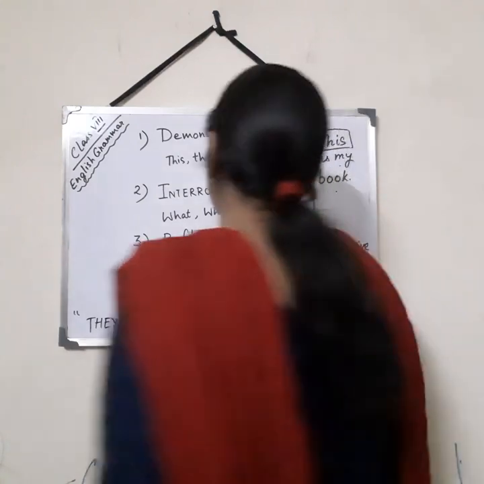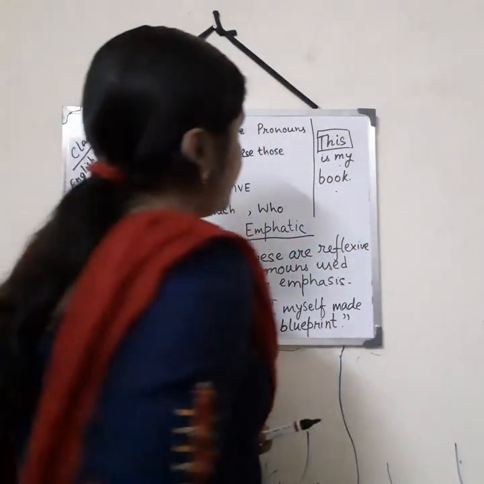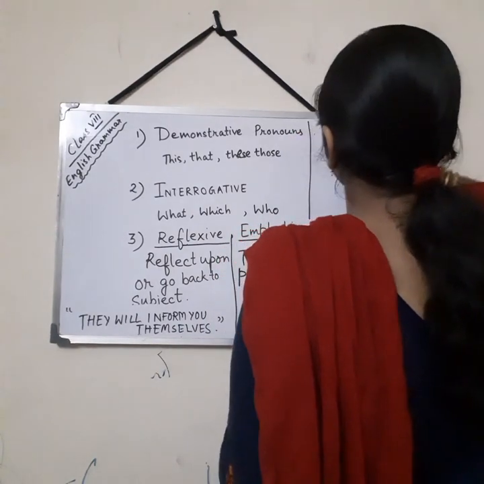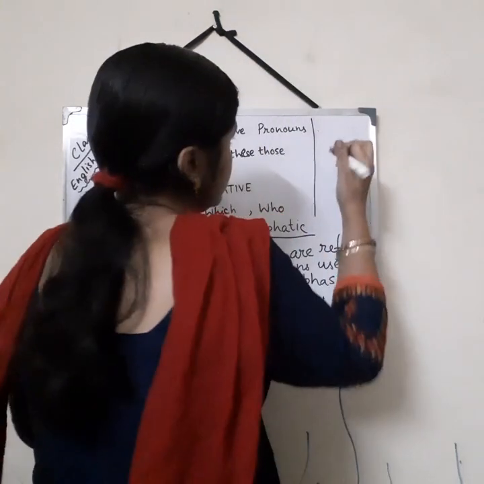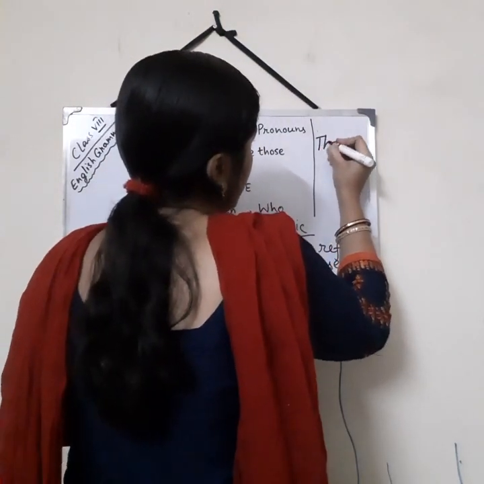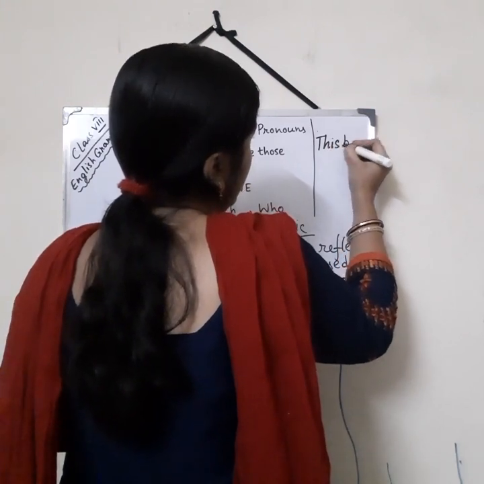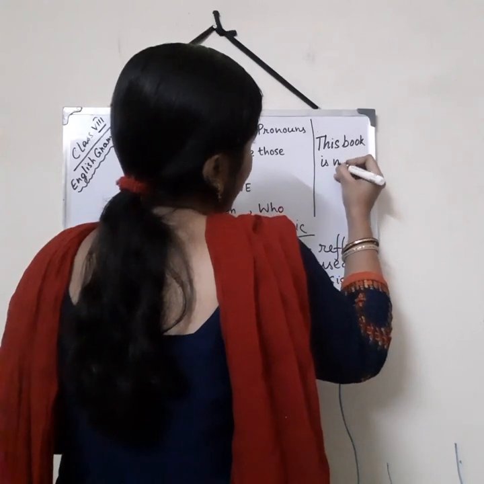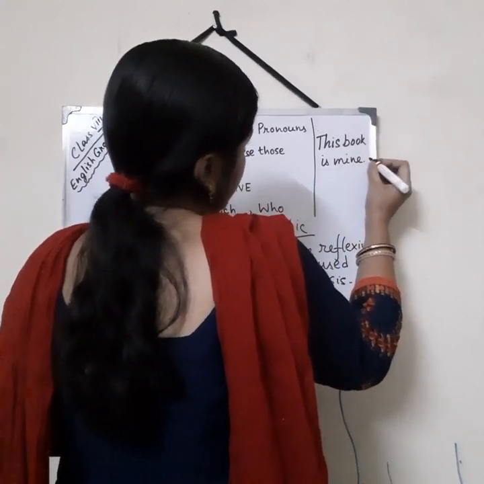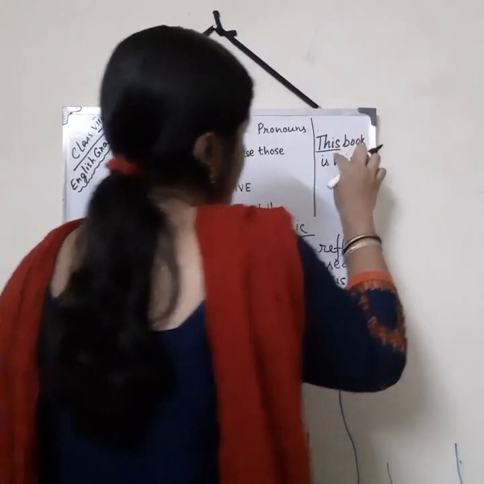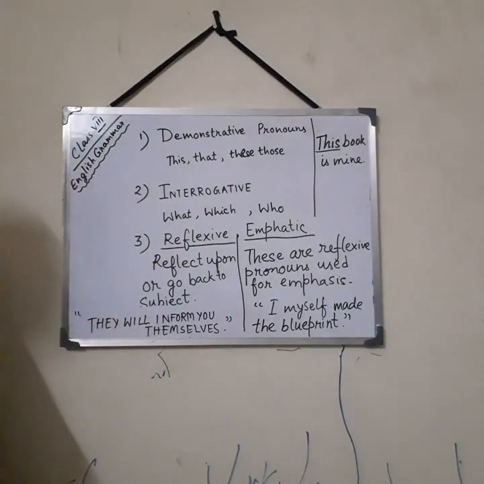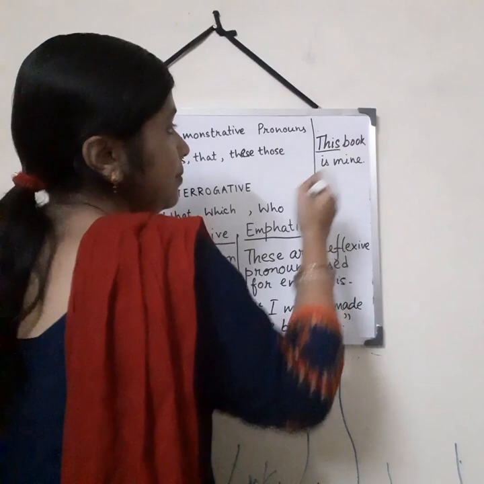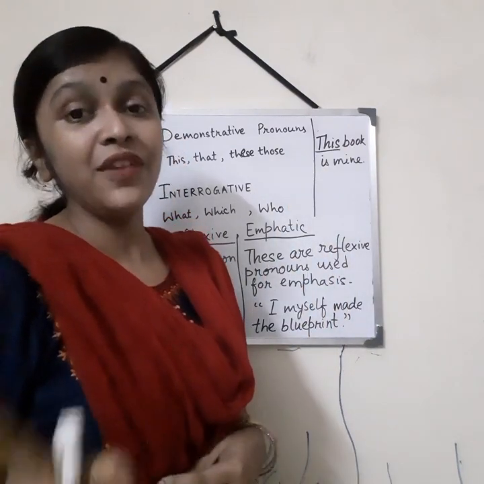But if I write the sentence in a different way, that is, this book is mine. Okay, here this word is qualifying the word book, which is a noun, and so this one becomes a demonstrative adjective.